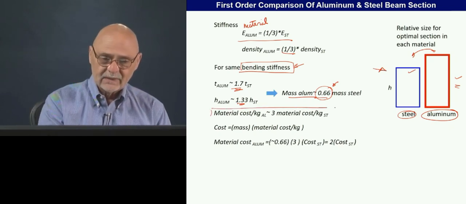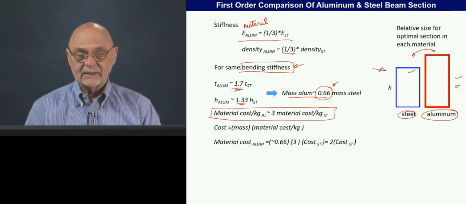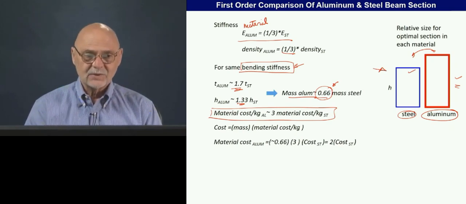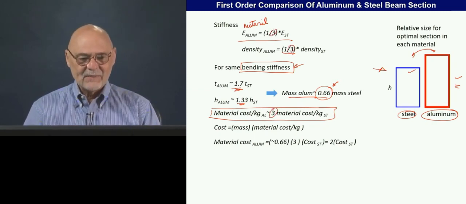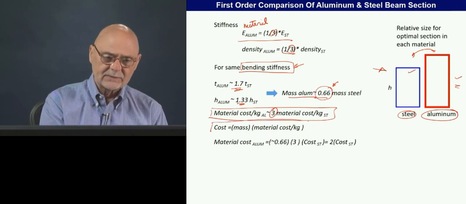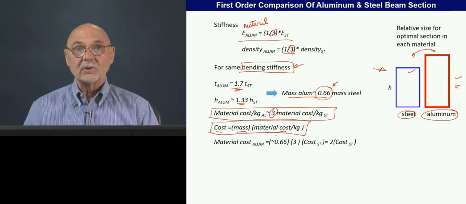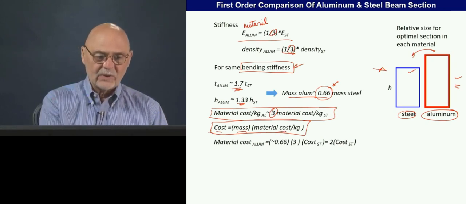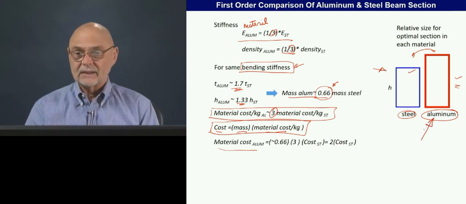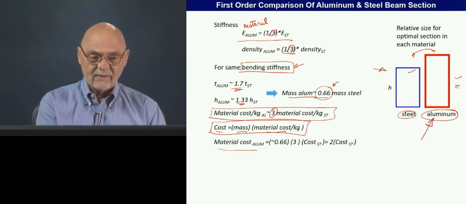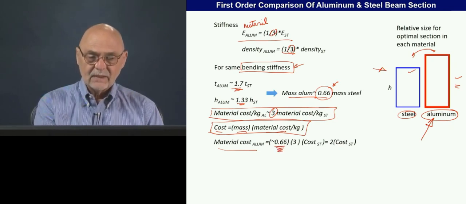Now it turns out that the cost for aluminum is about 3 times that of steel. This factor of 3 keeps coming up when we look at this. So now let's consider the cost. The cost of a part is equal to its mass times the material cost per kilogram. If we look at the material cost for aluminum for this optimally shaped rectangular section, we have that it's about 2/3 that of steel.